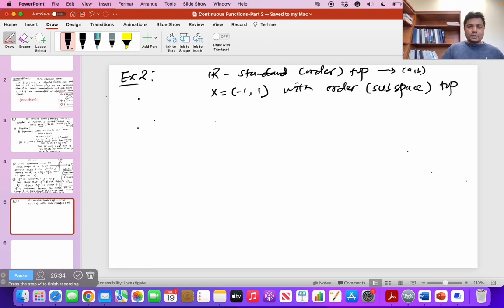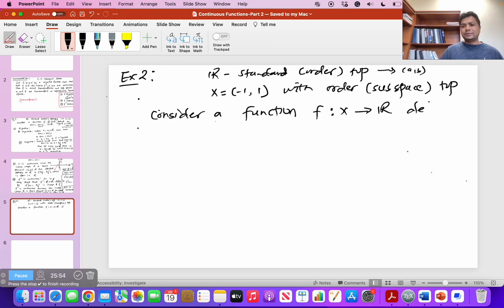Okay, now let's consider a function f from this interval negative 1 to 1, or from X to R, defined by f of x equals tangent of 1/2 pi x, for x in this open interval of negative 1 to 1.